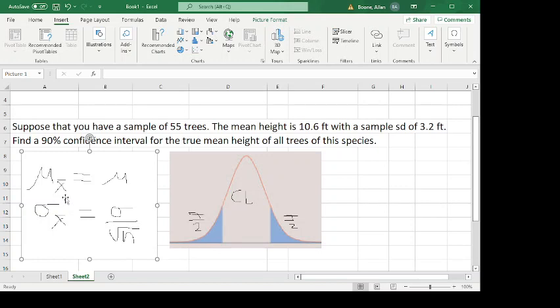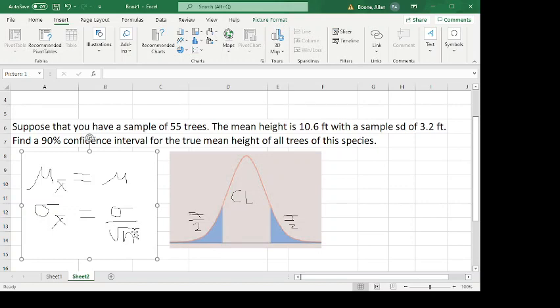So our confidence interval will again be centered at the true value of the mean. And the standard deviation of the sample means is equal to the standard deviation of the population divided by the square root of n. Now, in this case, we don't know what the true population standard deviation is.